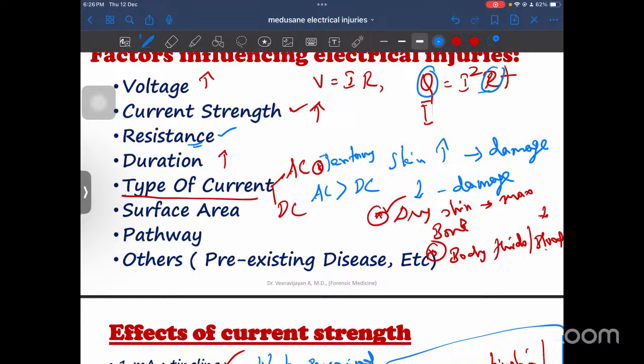Another important thing is surface area. If the surface area of contact with the electricity is more, then the injury will be more. Another important thing to note here is pathway. There are some pathways by which current flows in our human body.